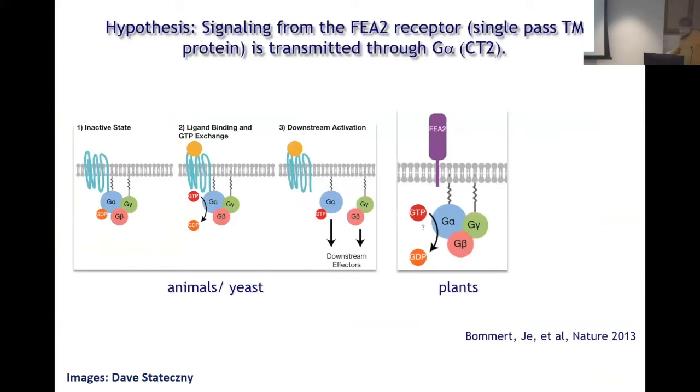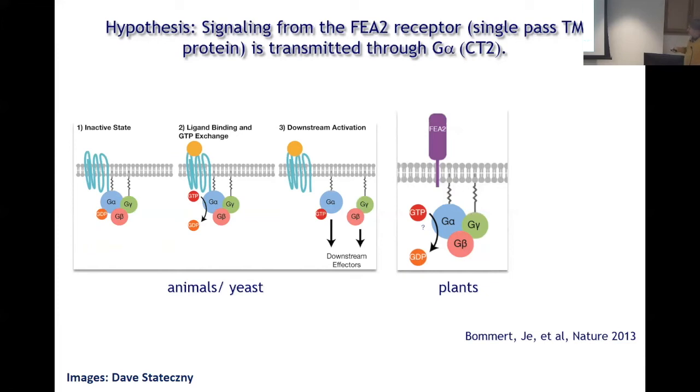Okay, so to summarize this part, what we think is happening now is that, in animals and in yeast, this heterotrimeric G protein complex interacts with these 7 transmembrane receptors, these GPCRs. But in plants, it seems to be very different. There are GPCRs in plants, or at least proteins predicted to be GPCRs, but they haven't been convincingly shown to interact with G-alpha.